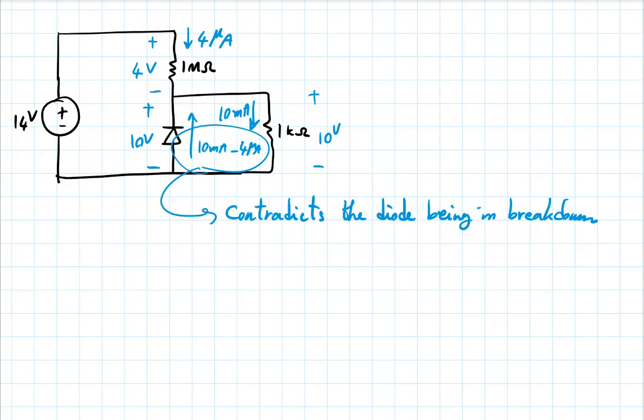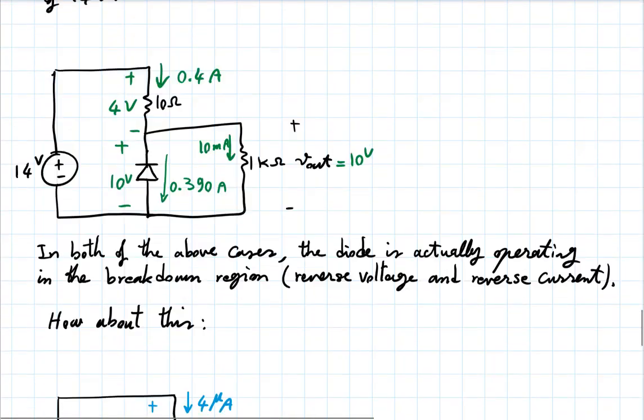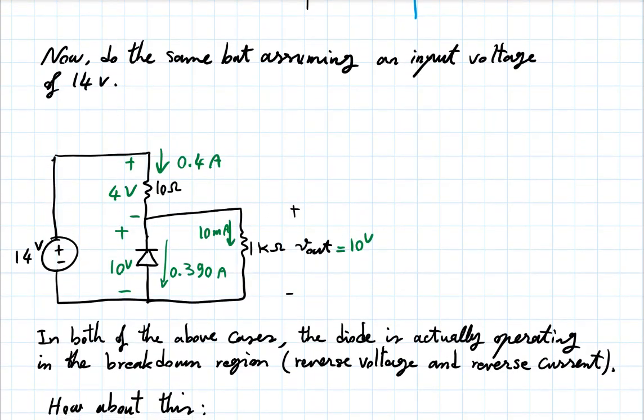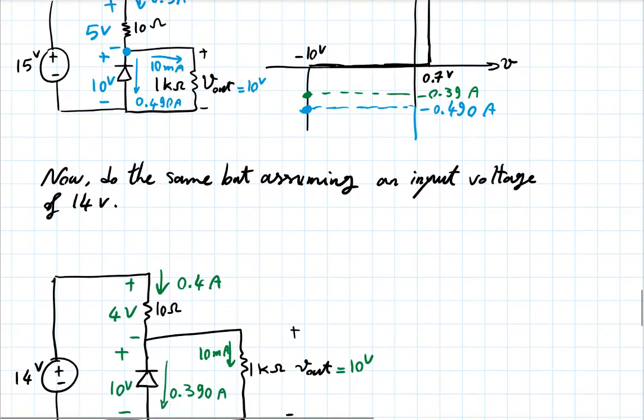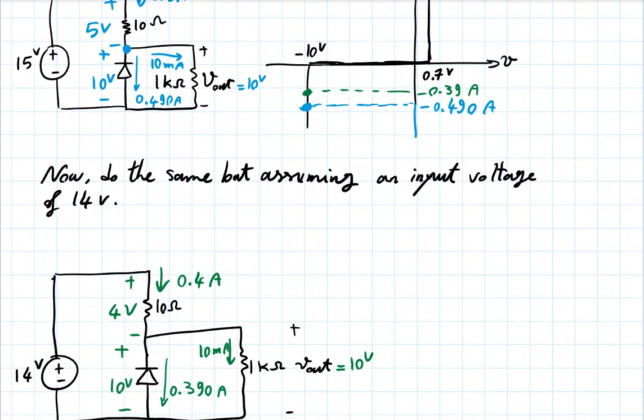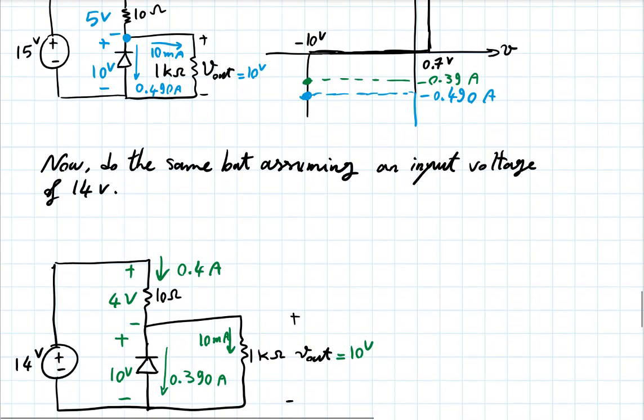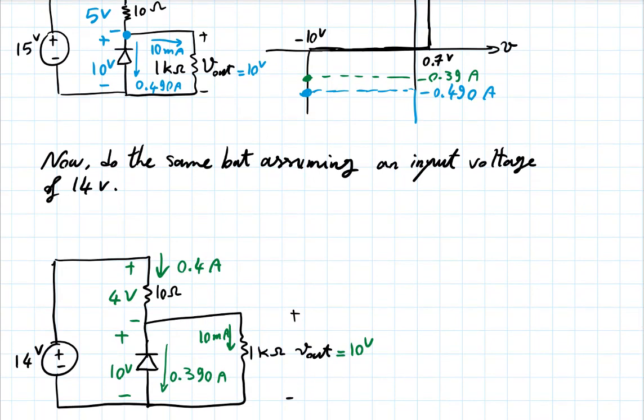Okay? So you start seeing some patterns here. And these are some examples of regulator design. What you just saw was a regulator circuit. Regardless of whether the input was 15 volts or 14 volts, the output was held at a pretty nice fixed 10 volts.